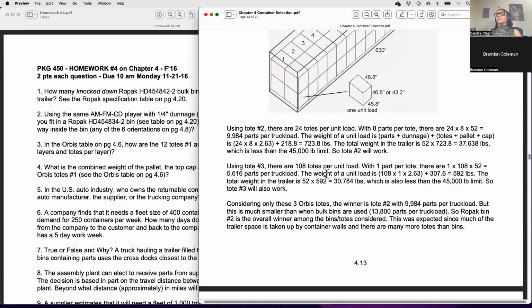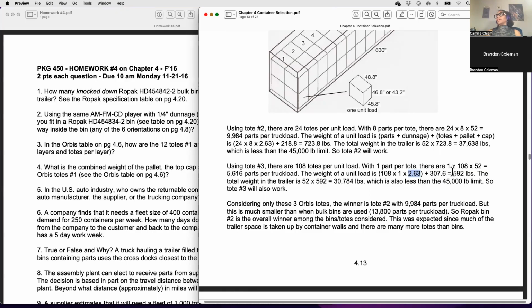So then you want to go through that whole weight exercise and see how much this truck weighs now. You have the weight of that unit load, which again is 108 of those totes on a pallet, one radio per tote, 2.63 pounds per radio, plus 307.6, which you get from the table, which is the weight of the totes, the pallets, and the cap.